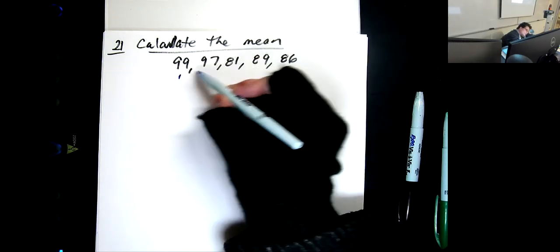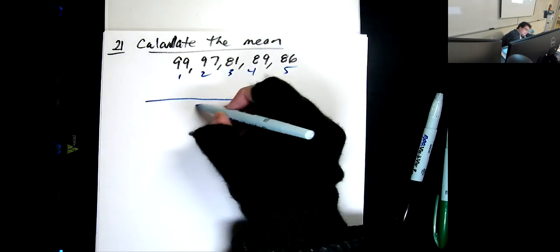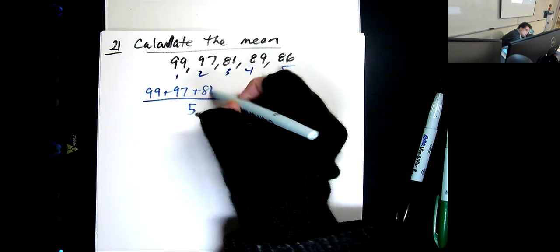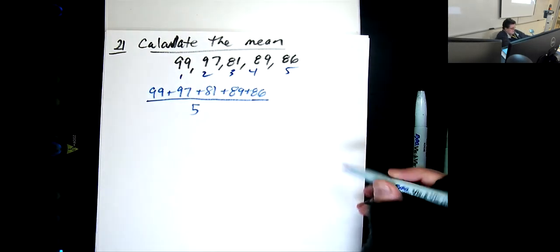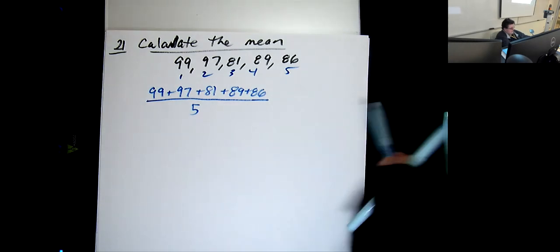So how many entries do we have? I've got 1, 2, 3, 4, 5. That tells me what I gotta divide by. I'm gonna divide by 5. First, I'm gonna add up all those numbers. Let's see. Is that 452?